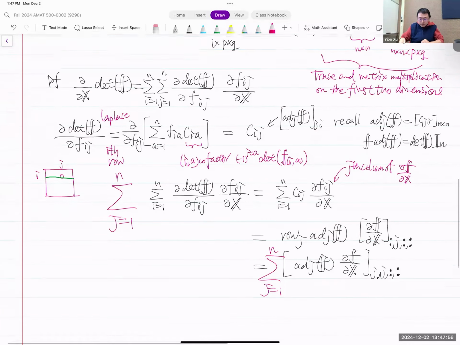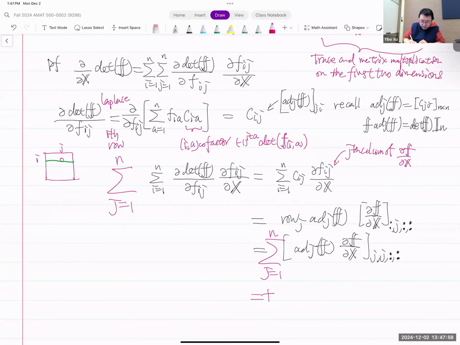That's the trace. This is the trace of my multiplied tensor. This is definitely not trivial, but once we are at this point, we are done.